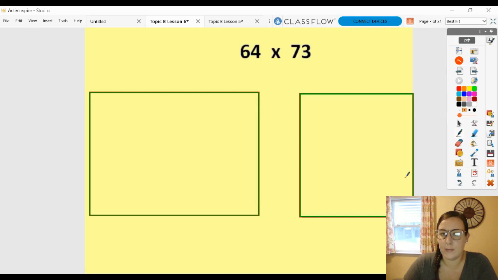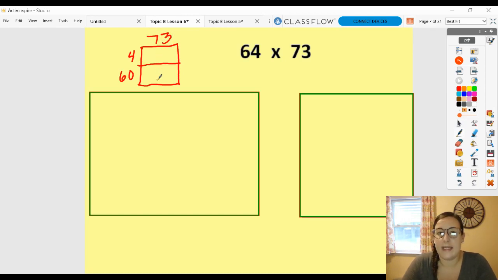So up until this point, we've been multiplying by relatively simple numbers. But now we need to start talking about what we're going to do when we come across bigger numbers. If I were to decompose or distribute one of these numbers, let's say I do it to 64, and then I'm left with 73.